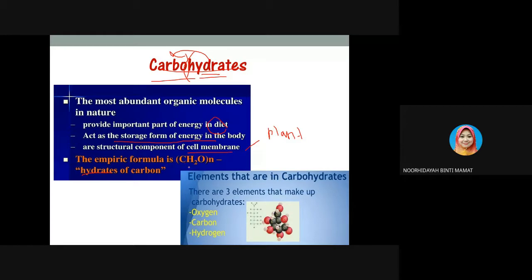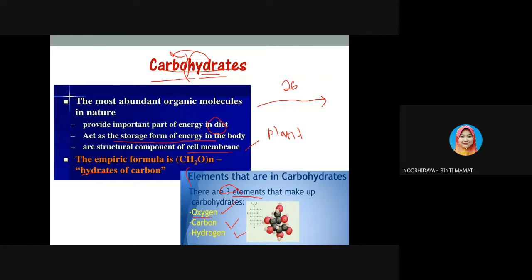So actually the elements of carbohydrates make up only 3 elements, not more. In the first lecture we already learned about the elements. We have so many elements, right? For example, the important elements in humans number 26, but carbohydrates are made up of only 3 elements: oxygen, carbon, and hydrogen.